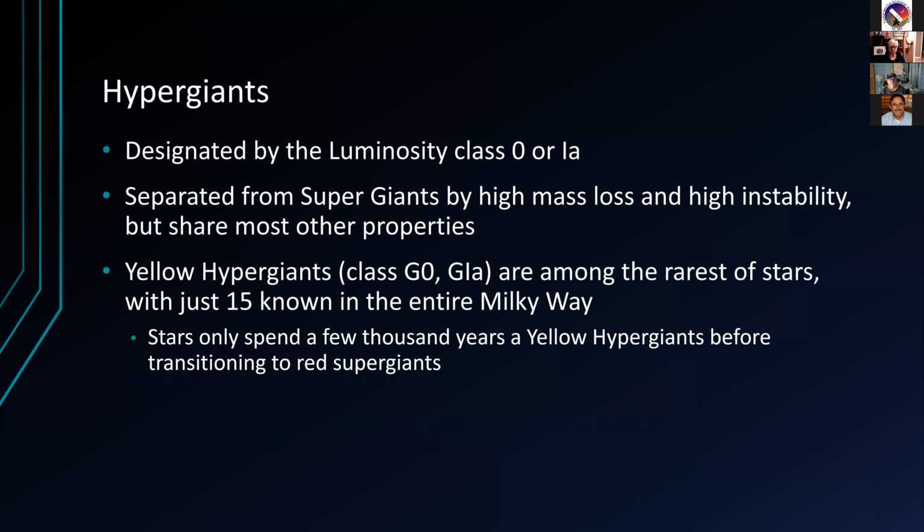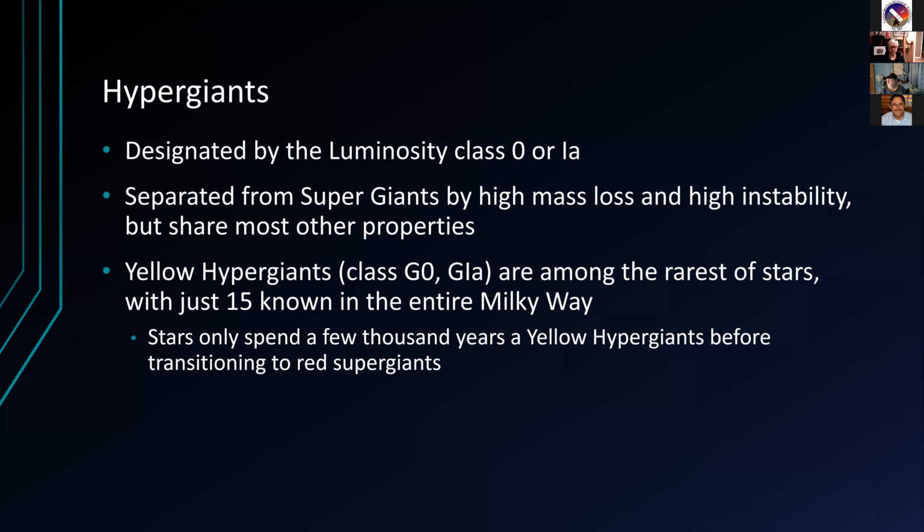This mass loss and instability are the only things that really separate hypergiants from supergiants. But of particular note with hypergiants are yellow hypergiants, which are denoted as class G, like G0 and G1A.